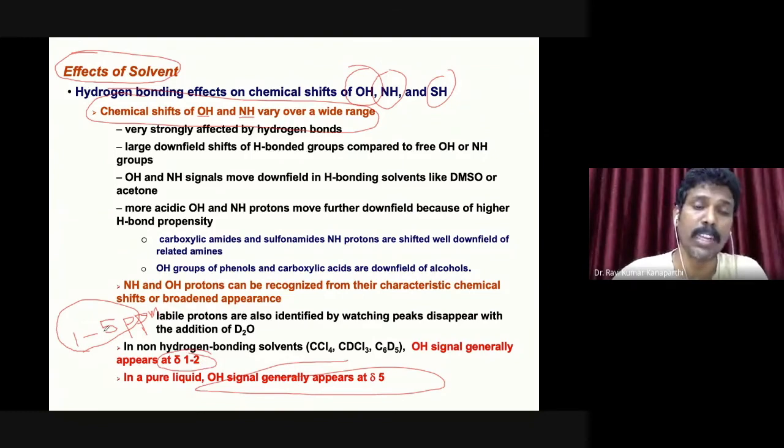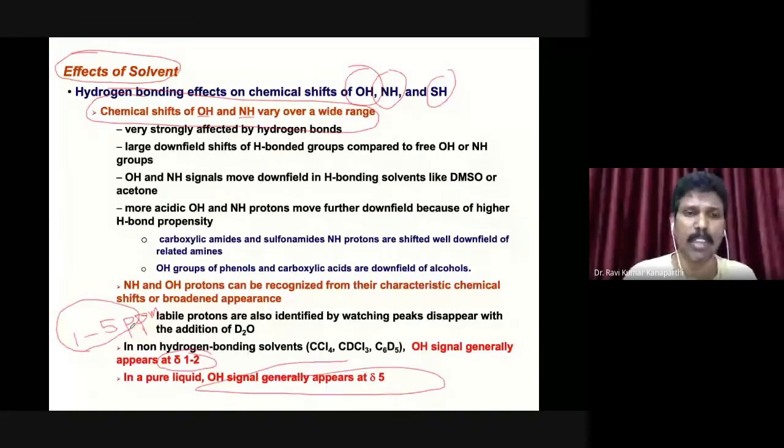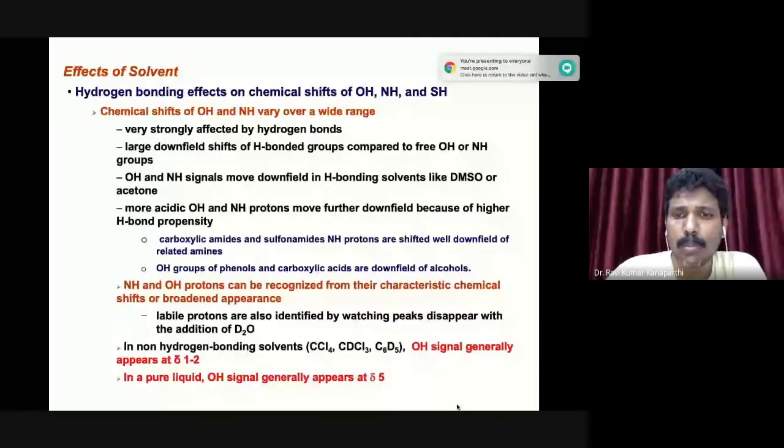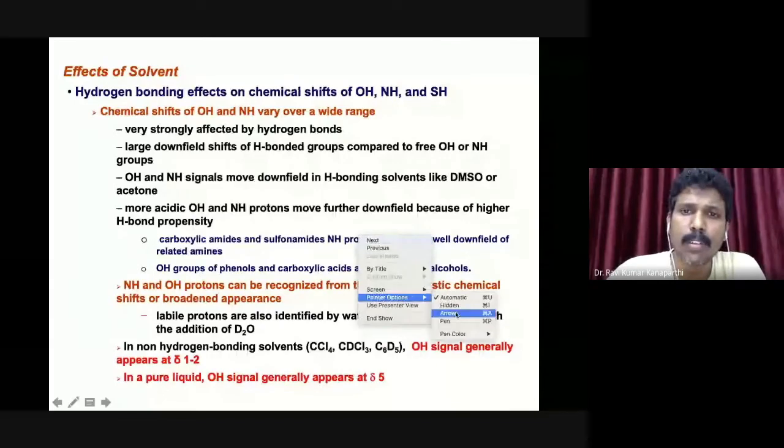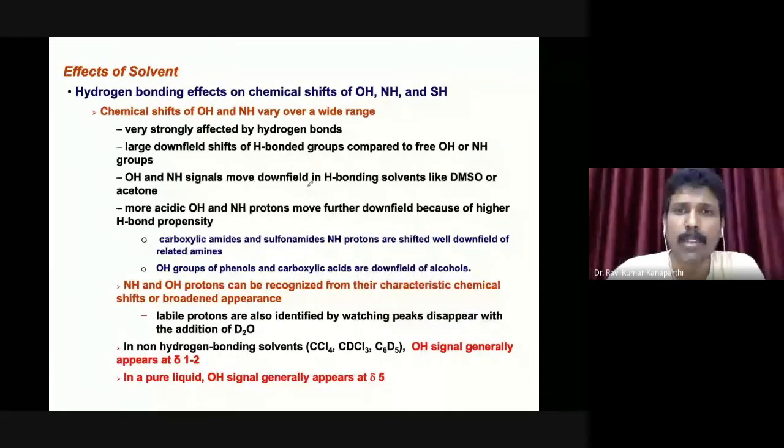Otherwise you will find it anywhere in between, because if you have moisture, the OH protons of water get exchanged continuously with the OH proton of your compound. As a result, it can be found anywhere. Both OH and NH proton signals will usually be downfield. You will find them in the downfield region if there is a hydrogen bond.